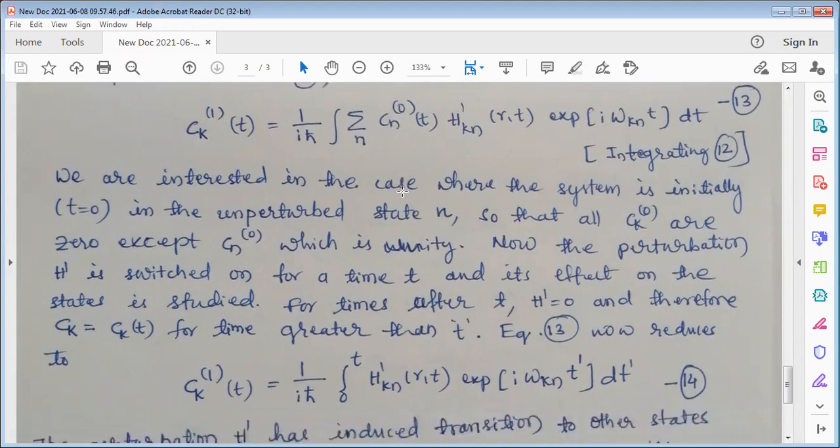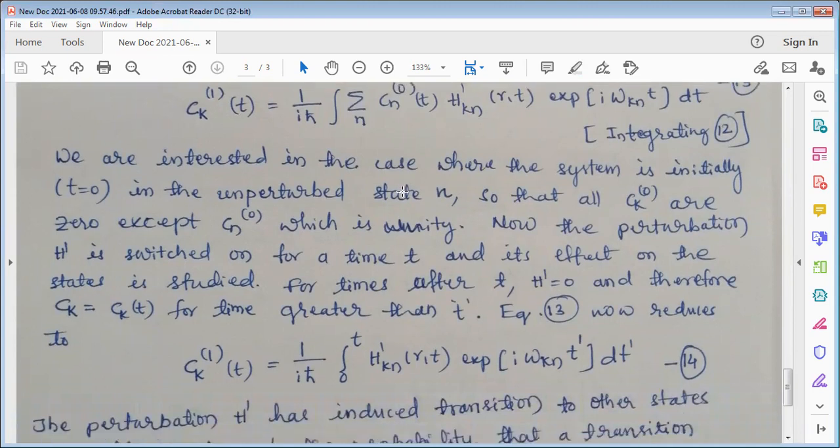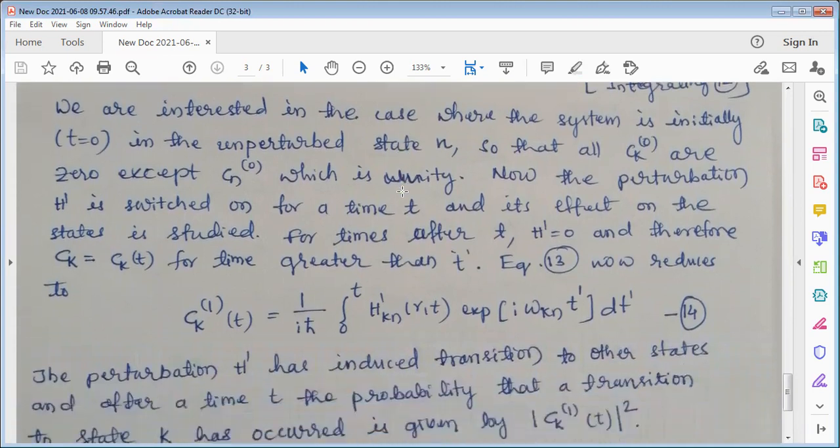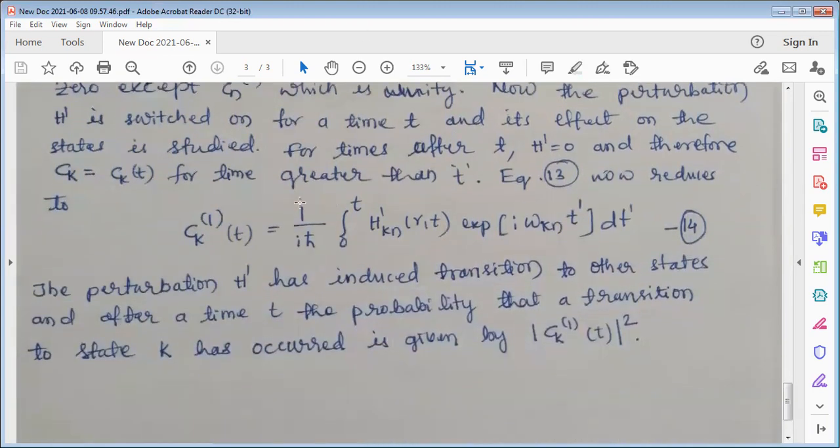I am writing the remaining things as they are: 1 by ih cross integral 0 to t, H dash kn of r comma t, exponential of i omega kn t dash, dt dash. So now in place of t, it becomes t dash.